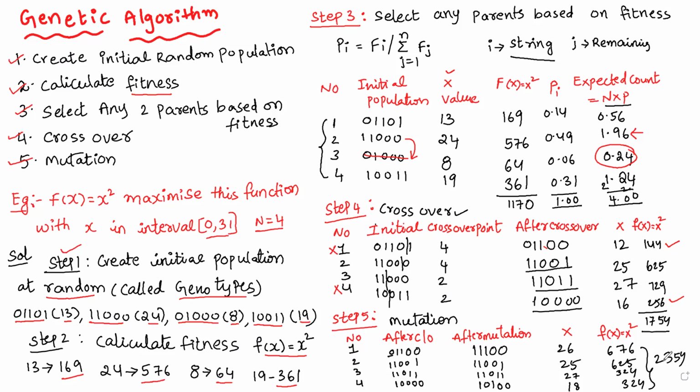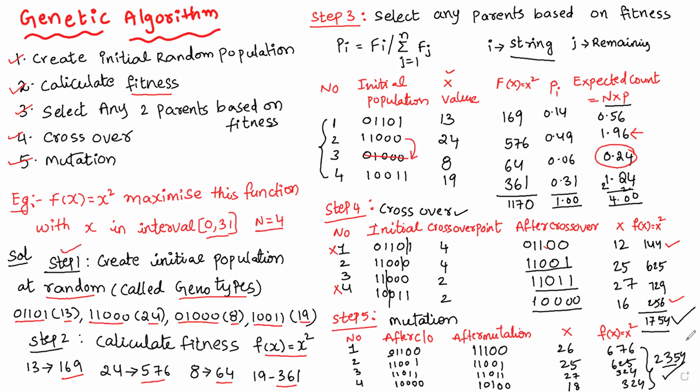Okay. So we completed all 5 steps. Now, if you observe the answer, the first expected count here is 1754. After completion of mutation, the value of f of x is 2354.